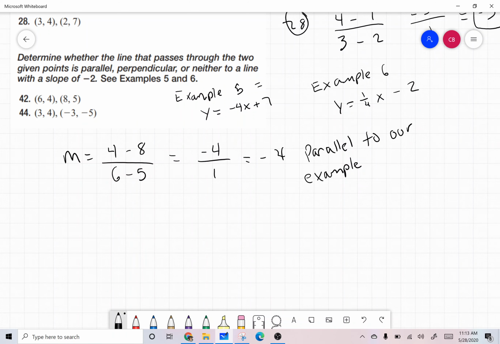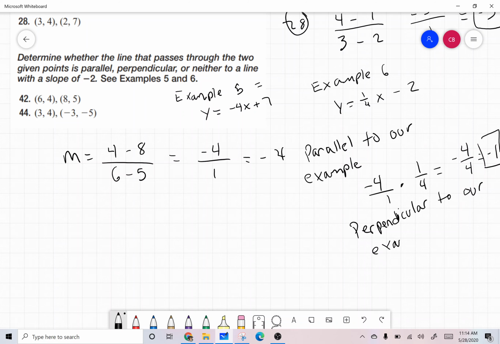So if I do this, I do negative 4 over 1 times 1/4, which is equal to negative 4 over 4, which is equal to negative 1. Since I got negative 1 here, I know that this is perpendicular to example 6. So this would be perpendicular to our example.